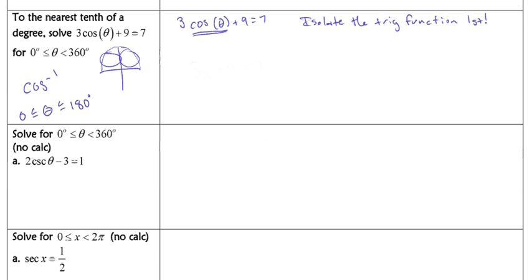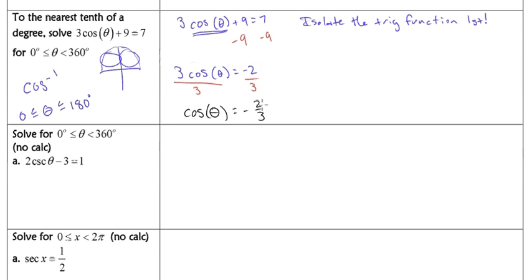So first subtract 9 from both sides. That leaves us with 3 times cosine of theta equals negative 2. Now we're going to divide both sides by 3, and we get that cosine of theta equals negative 2/3.